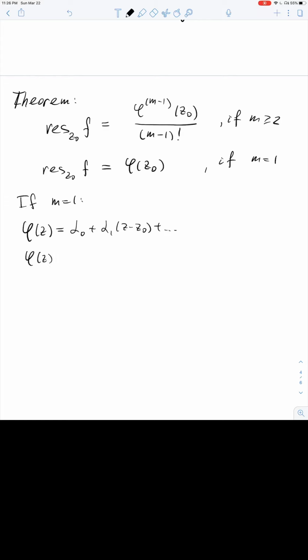And so phi(z) divided by (z minus z0), which is f(z), is alpha 0 divided by (z minus z0) plus alpha 1 plus blah blah blah. So that's the good part. Not good. Sorry, getting tired. Good part. And here is the residue.